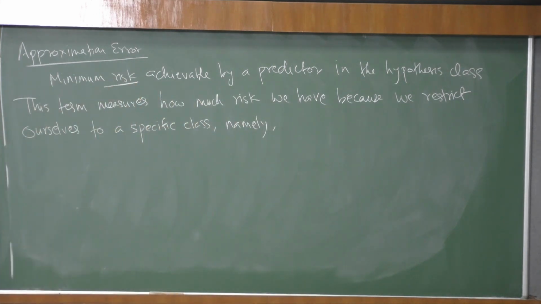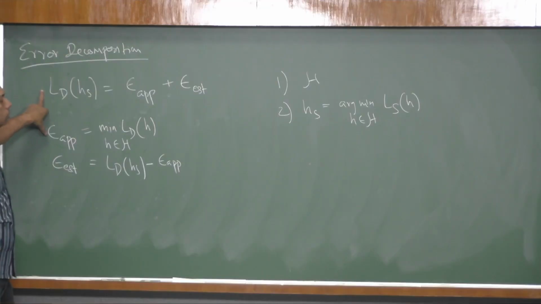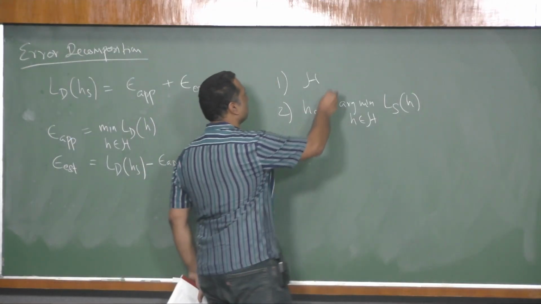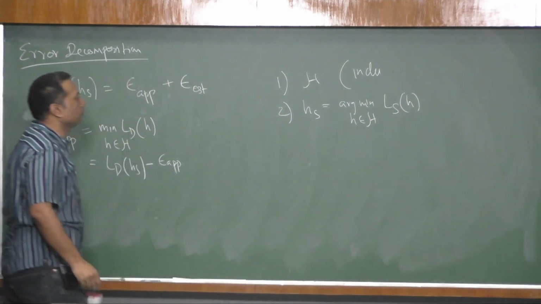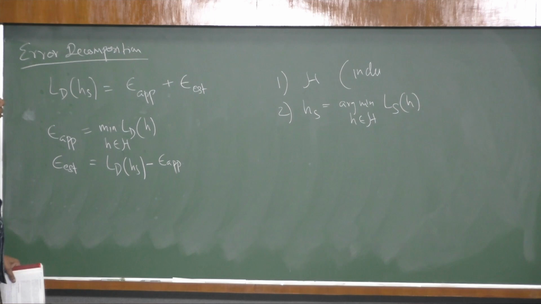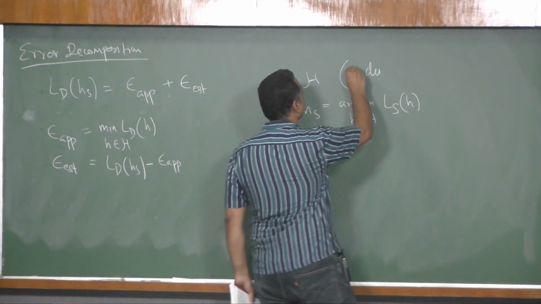Choosing this specific H is also called inductive bias. Earlier in the lectures we also referred to this inductive bias. This is the bias that we have. It's a bias that I feel this class of functions is going to work well for the given problem. Hence it's also called inductive bias. It is your bias because you could have many classes to choose from, but you thought of choosing this H.